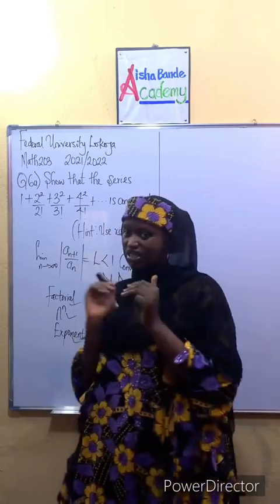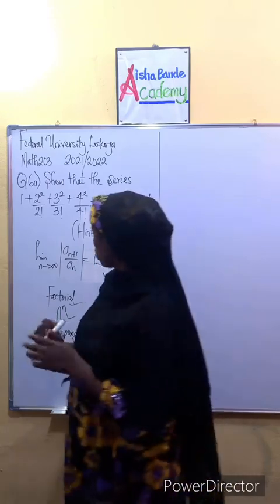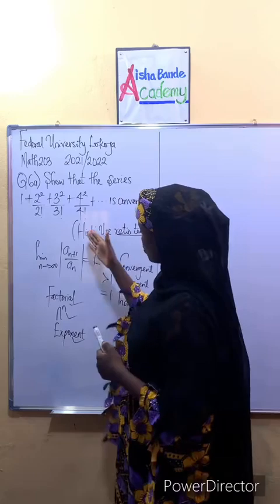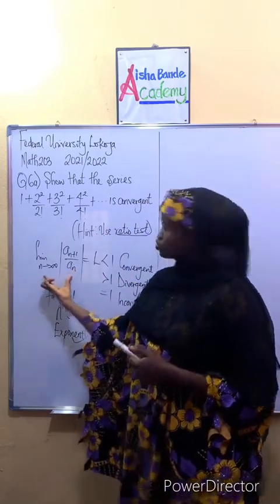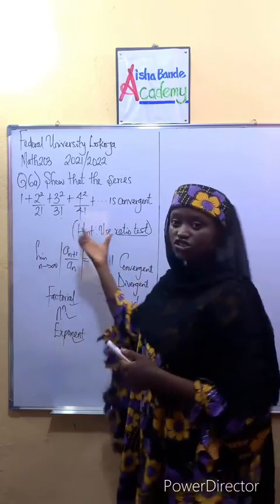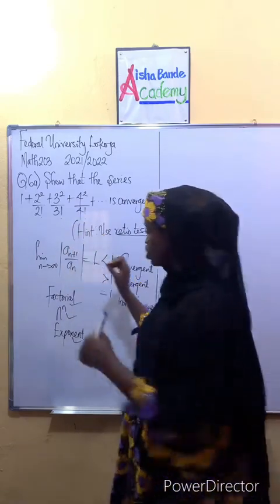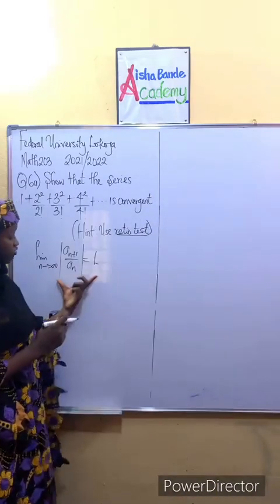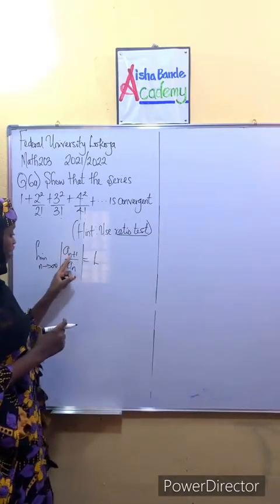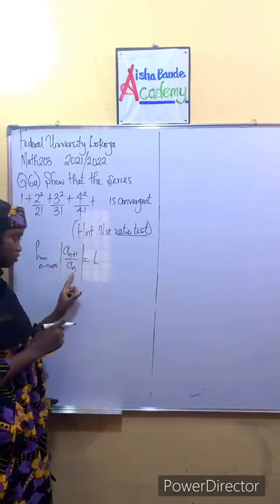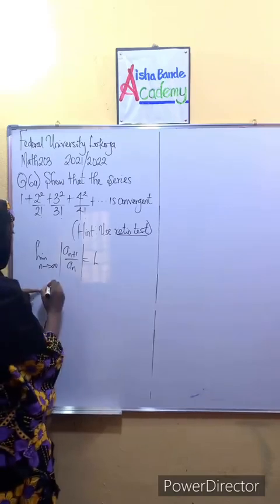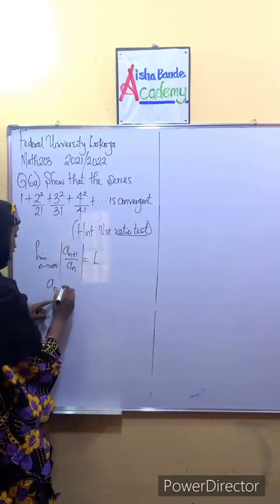So let's begin the calculation aspect. Since we have all of these conditions, this is the formula we are going to use to check if this series is convergent or divergent. Looking at the formula, we're going to get a subscript n plus 1 and a subscript n. Let's begin with a subscript n.